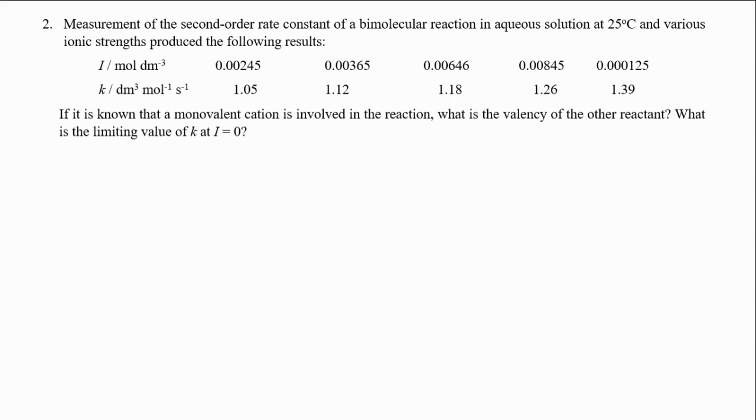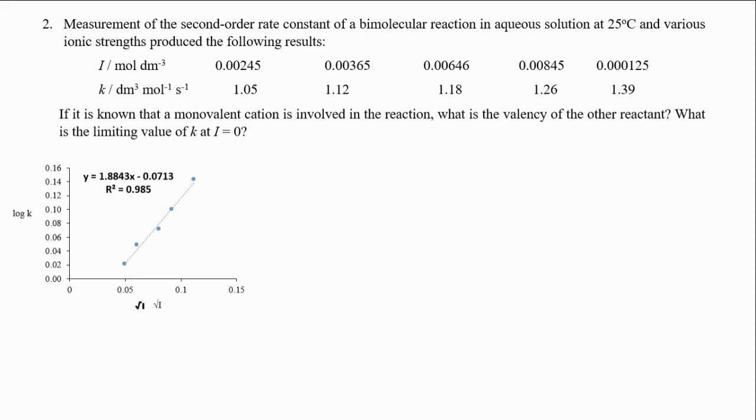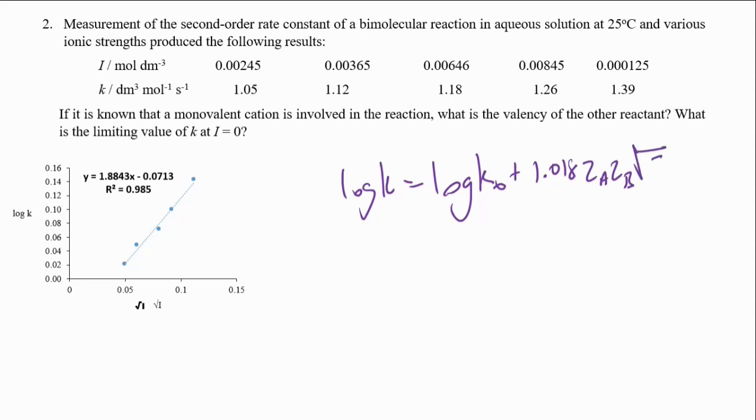This one is not so tough because this is a kinetic salt effect, and what we need to do is a quick plot of log k versus root I, in keeping with this equation, which says that log k is equal to log k naught plus 1.018 ZA ZB root I. So you see, this is our y, this is our x, this is our c, which is the intercept, and this is the m, the slope.